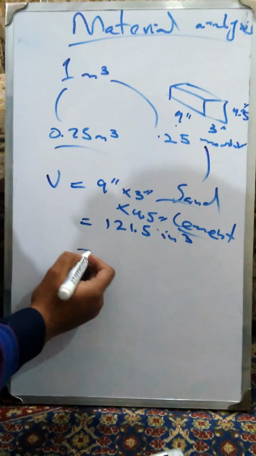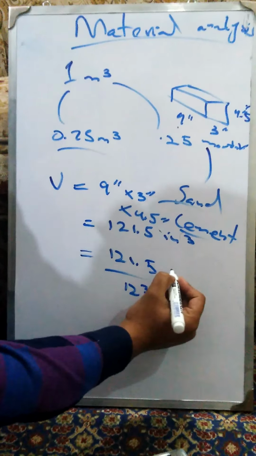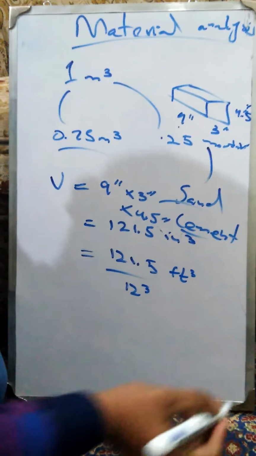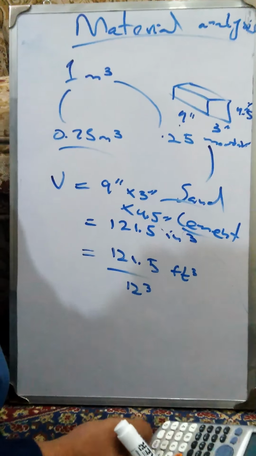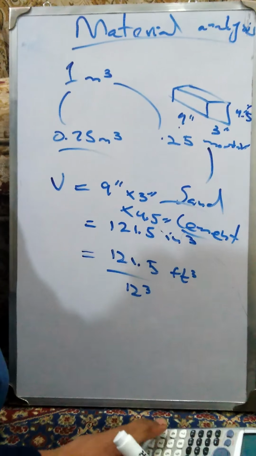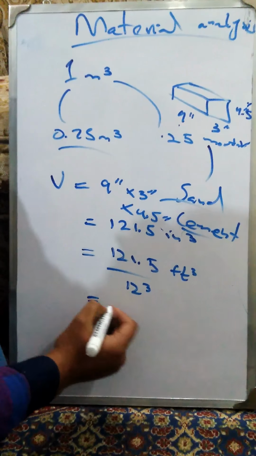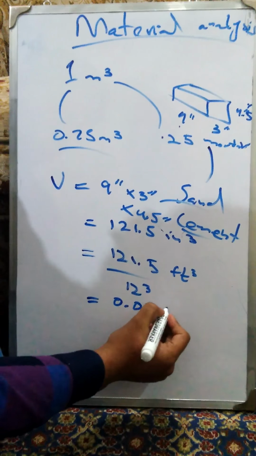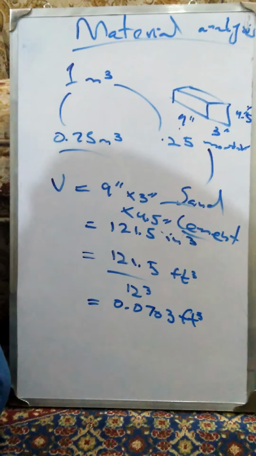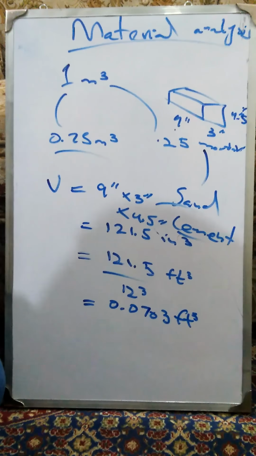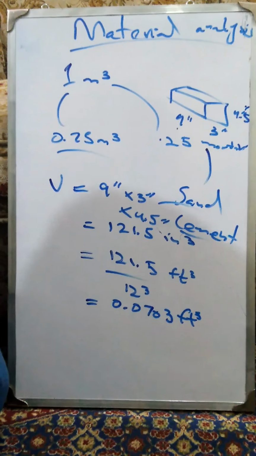For this purpose, let's divide it by 12 to the power 3 to convert it into feet cube. So the volume of one brick in feet cube would be 0.0703 feet cube.